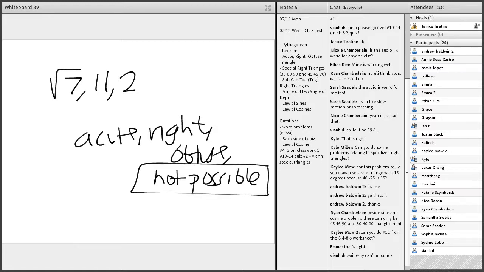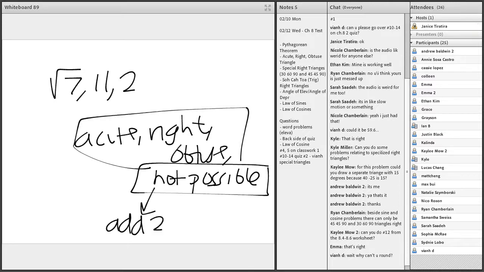So that's a completely different picture from these three. This is where you add the two smaller ones, and then it has to be bigger than the third side, the biggest side. So rad 7 is only 2.6 if you put it in your calculator.